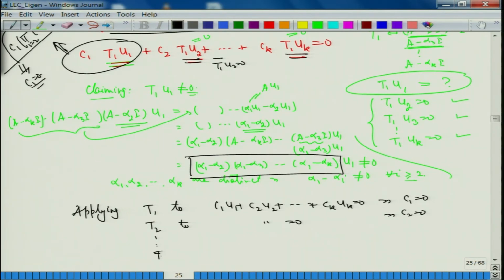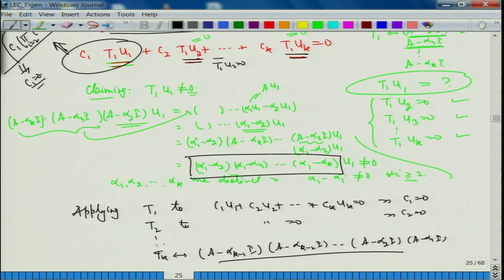So, applying finally TK, and what was TK? If you remember, TK is nothing but A minus alpha k minus 1 I, A minus alpha k minus 2 I, and so on till A minus alpha 2 I into A minus alpha 1 I. If I apply this matrix to this equation, I will get that CK is 0.